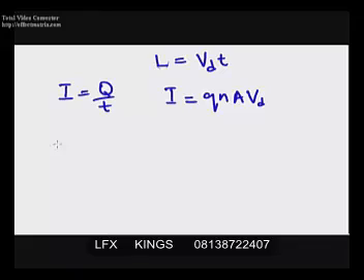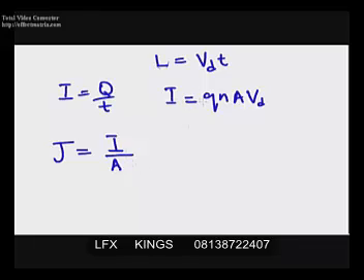The next point you have to know is the current density. The current density is written as J. Some places write it as I, but really the current density is J. And current density is simply equal to the current divided by the cross-sectional area of the wire. That gives us current density.